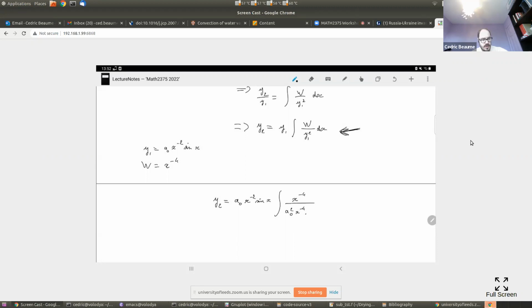Sorry, I'm just lost in sine squared x there. Okay, so simplifying this, we get (x minus 2 sine x) divided by a0, and here we get the integral of 1 over sine squared x dx.